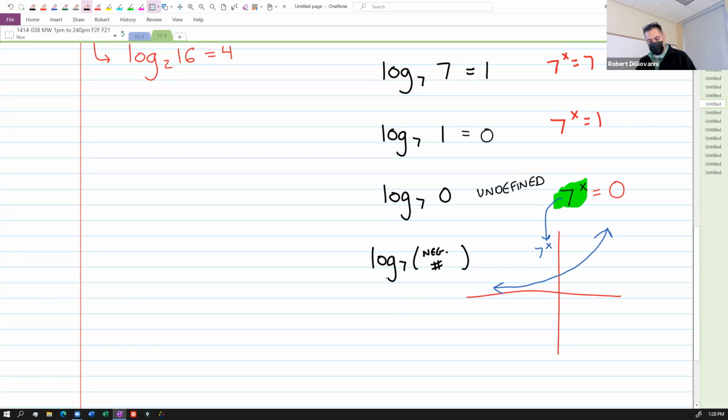You're going to say, okay, that means 7 raised to what power equals a negative number? And what can you tell me from the graph of 7 to the x? Is it ever going to spit out negative numbers? No, right? It's always above the x-axis. So it's impossible for 7 to the x to ever give me a negative number. So this would also be undefined. Does that make sense, everyone?